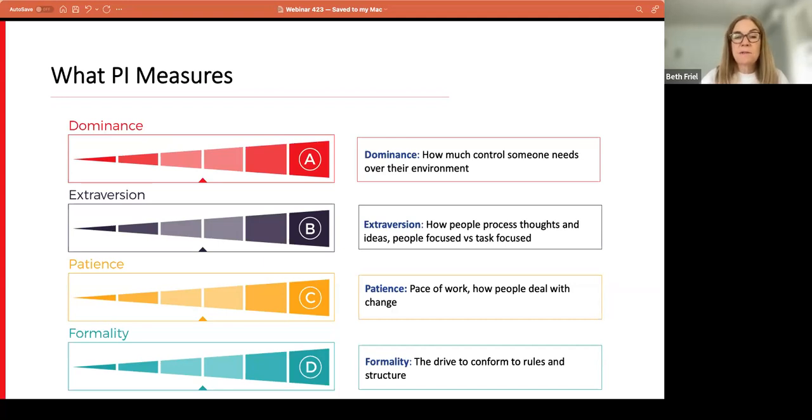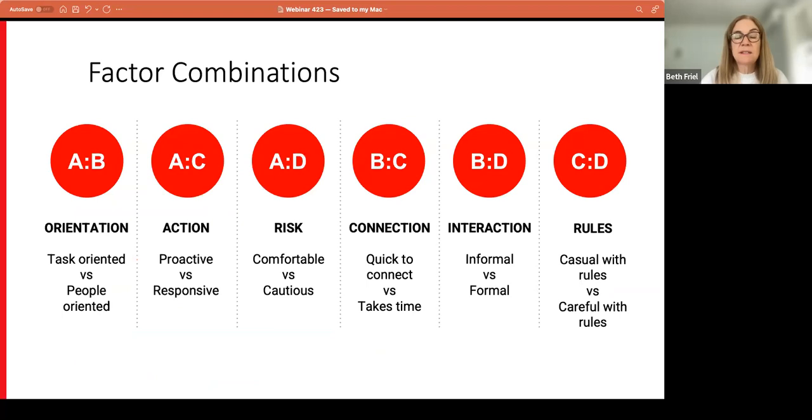Now we're going to go into a little bit more advanced stuff. So there are 6 factor combinations for every pattern.